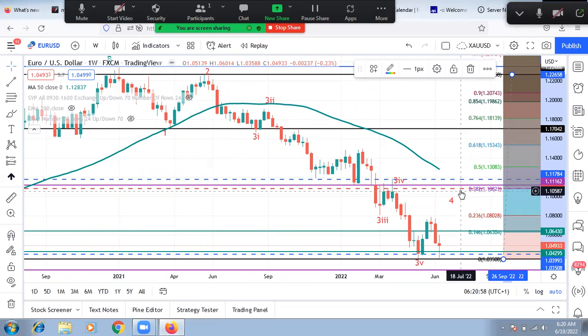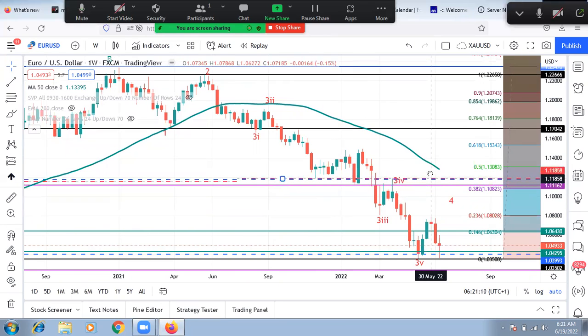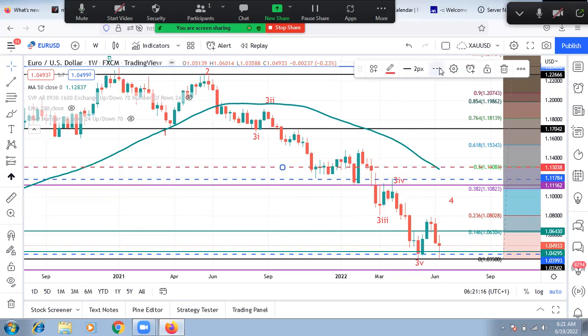This is where you have 38.2. I mean, you should not go beyond 38.2 at this point, and not beyond 50. That is the major correction. So that is the extent up there.